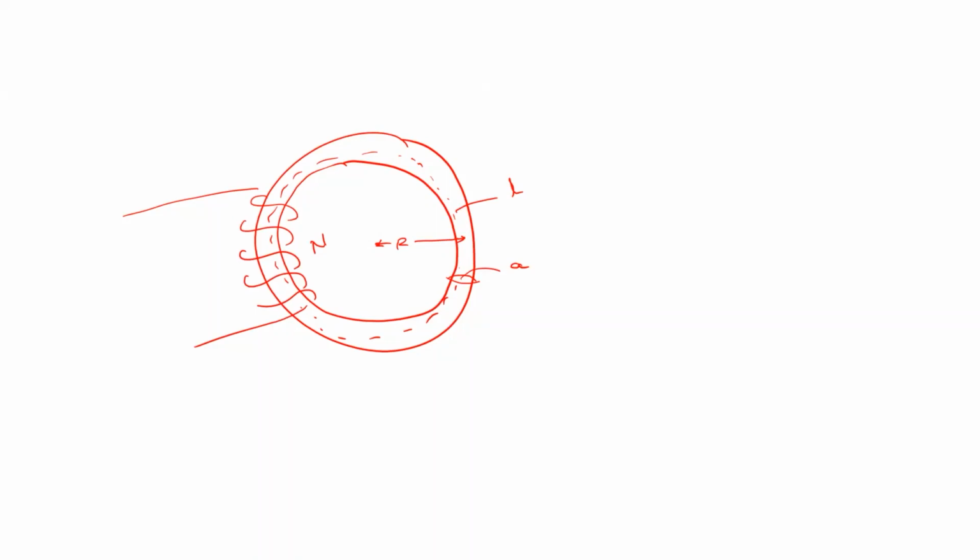Now I want to set up a flux phi in this circuit. How much MMF is required? In other words, the ampere turns required to set up a flux of phi.